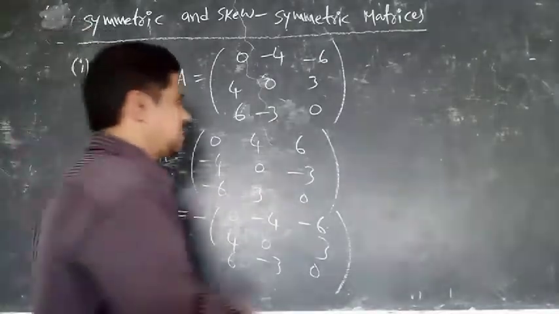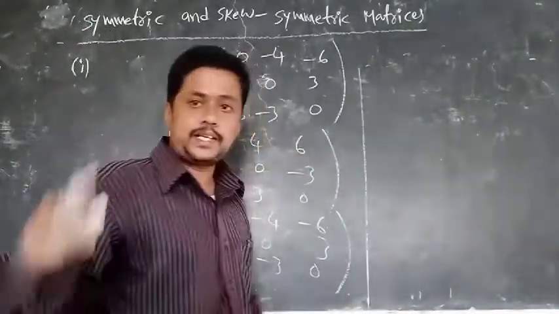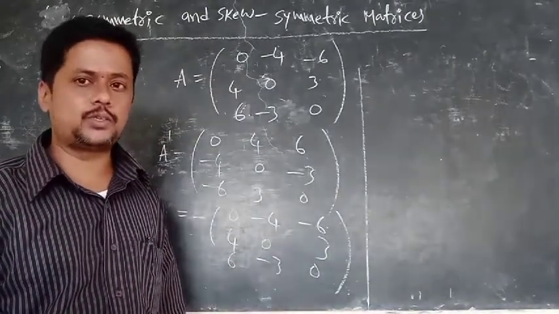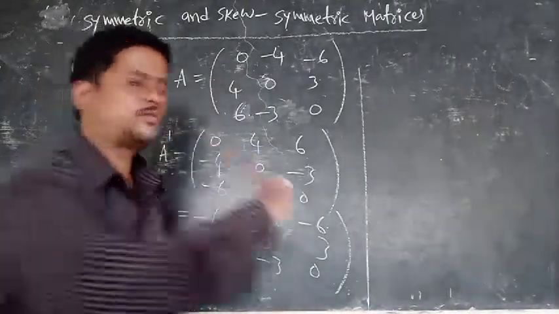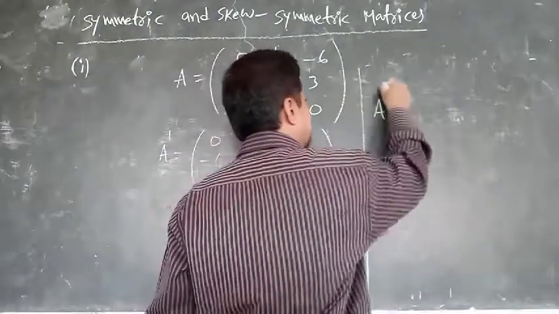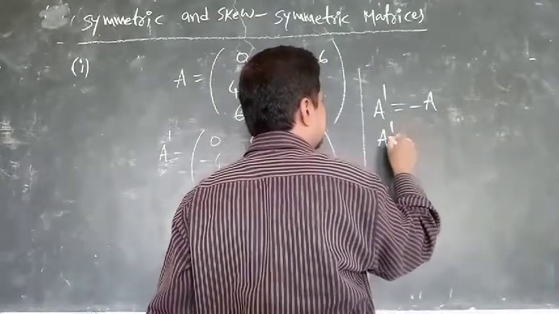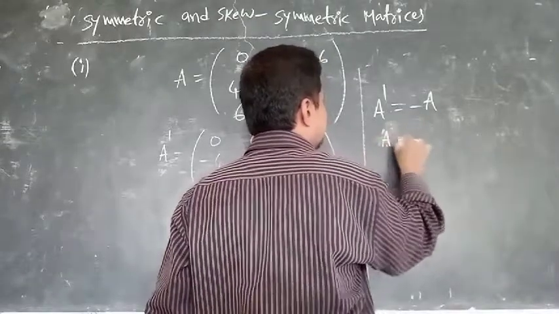A matrix is said to be skew symmetric if A dash is equal to minus A, otherwise A is equal to minus A dash.